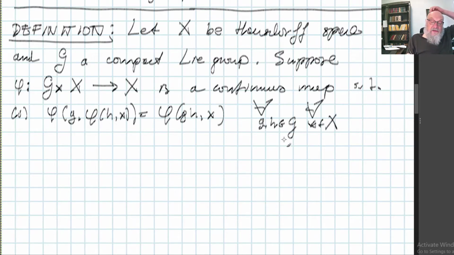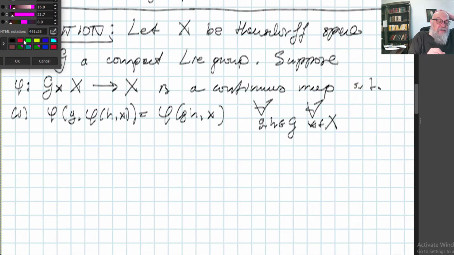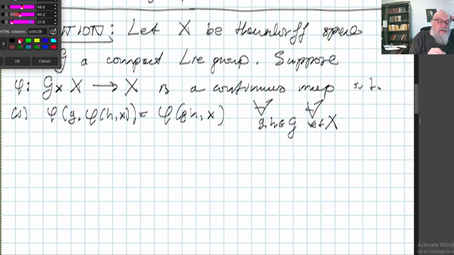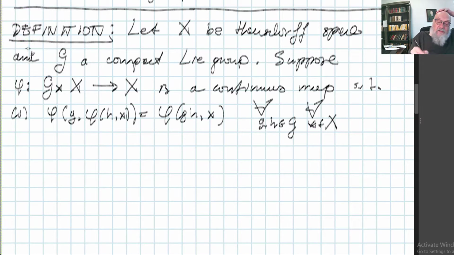As you notice, it is kind of difficult even to read it. That's why, instead of writing phi g x, we will simply write g acts on x.